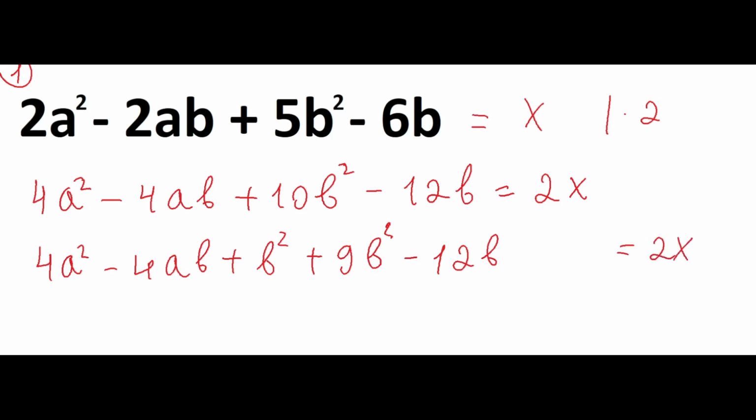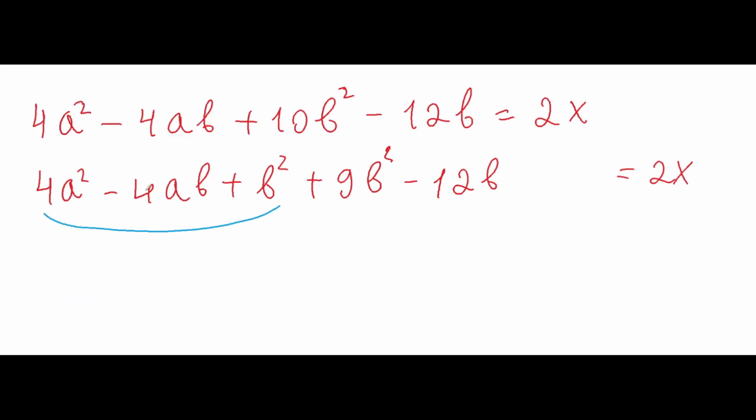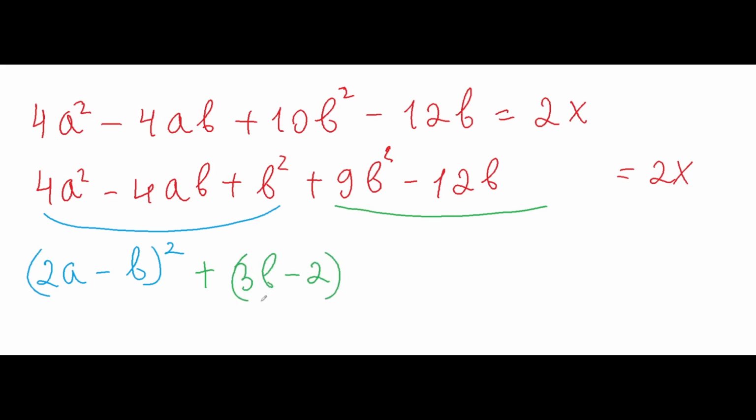Okay, we can see from the first expression, this left side will give us (2a minus b) squared, and the right side can give us plus (3b minus 2) squared.